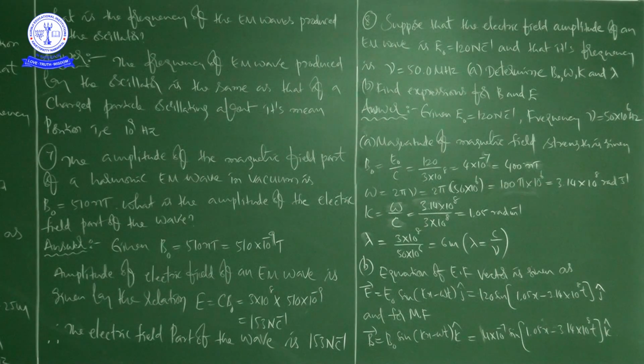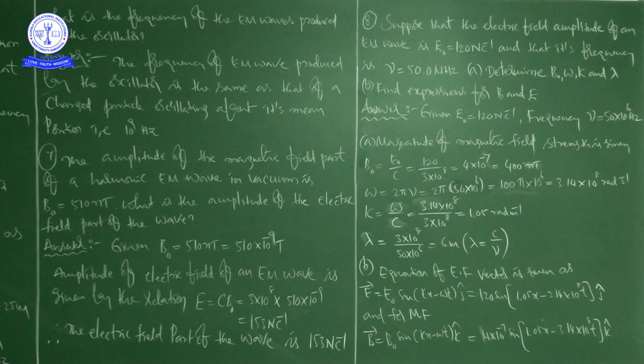Okay, right. Next, in this problem 8, this part is very important, because from the exam point of view also, sometimes by giving the quantities, they ask to write the expression for the magnetic field vector or electric field vector, that is, the expression for the amplitude of electric field and amplitude of magnetic field. That's why this model is very important, I mean, writing expressions for the magnetic field as well as the electric field.